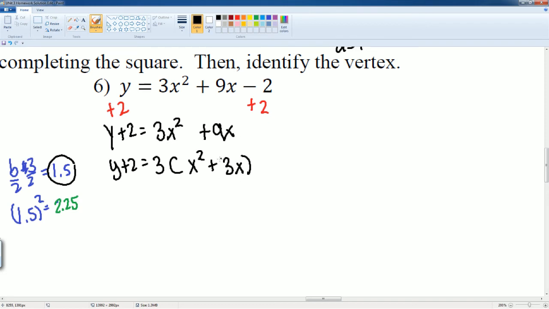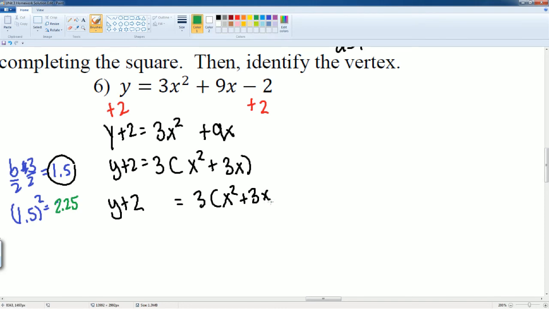This I can complete the square with. So I did that work here. What I'm going to do now is write it like this: y plus 2, 3 parentheses x squared plus 3x.